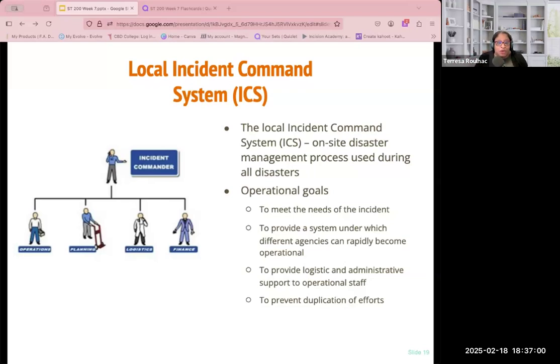A lot of times, we're in the operating room or in an operating room setting. Now, the ICS structure helps coordinate disaster response efforts, ensuring that everyone involved, from the surgical teams to the first responders, is organized, supported, and working towards the same goal.